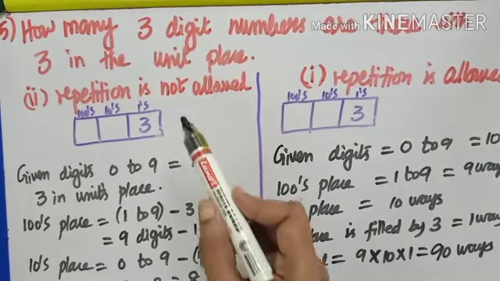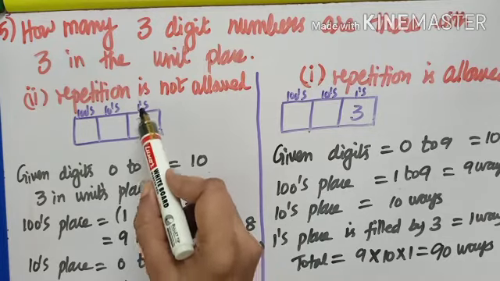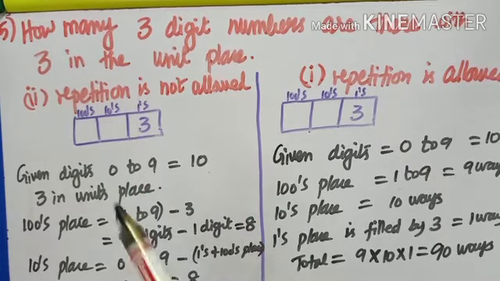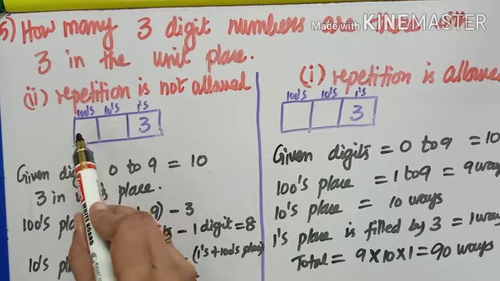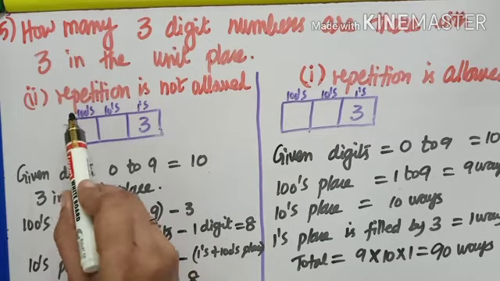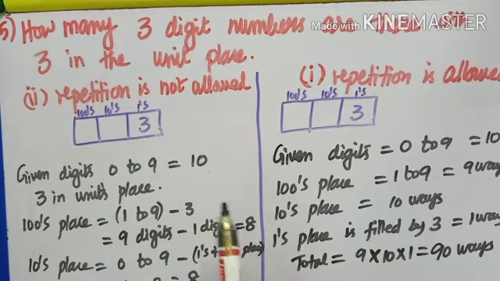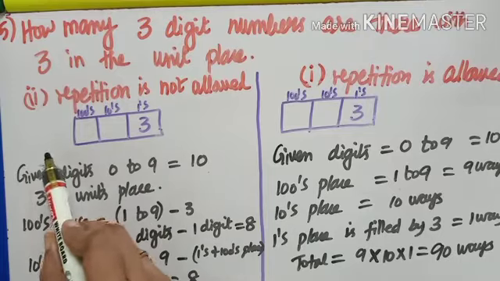When repetition is not allowed, already 3 is fixed in ones place. 0 should not come in hundreds place. 3 should not come because repetition is not allowed. One number can come only one time. So 0 should not come, 3 should not come.